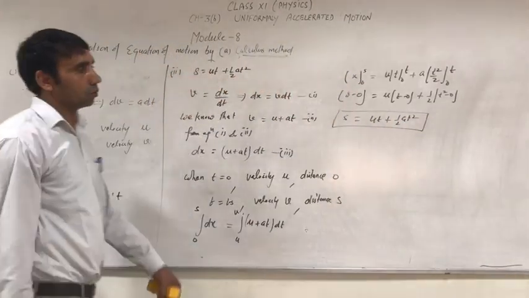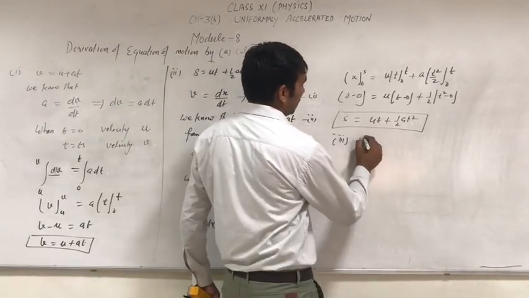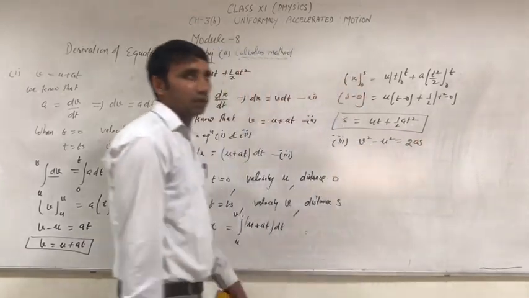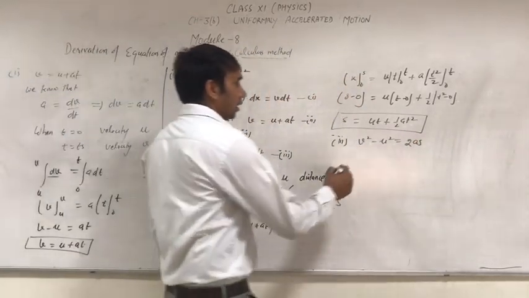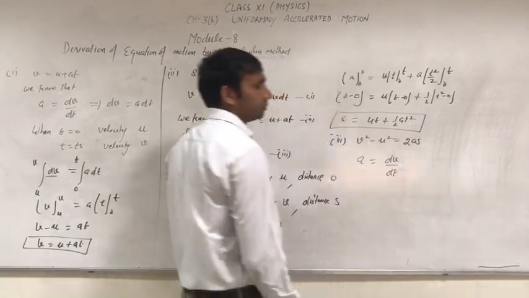Now third equation of motion, v square minus u square is equal to 2as. As we know, a is equal to dv divided by dt.